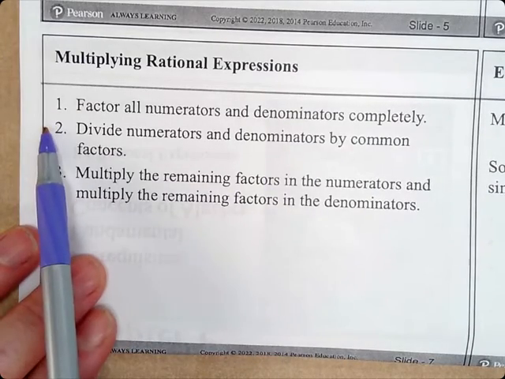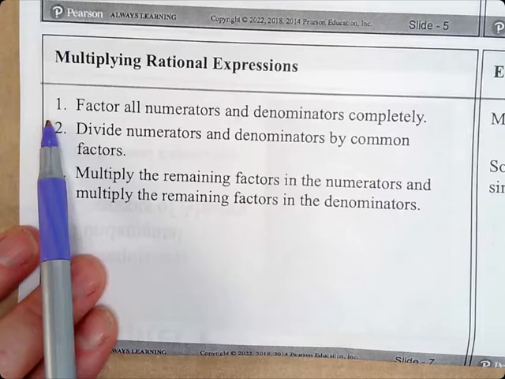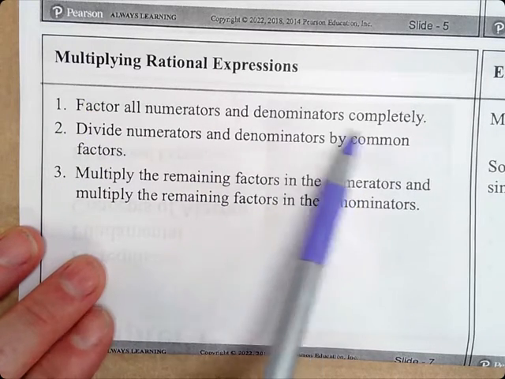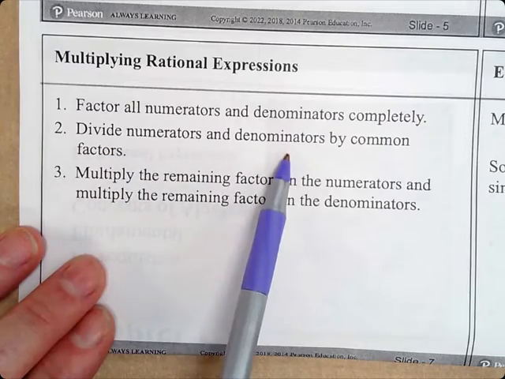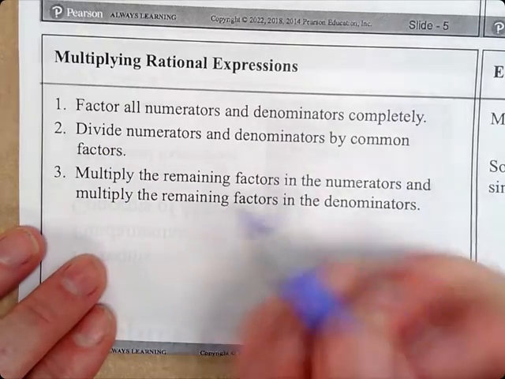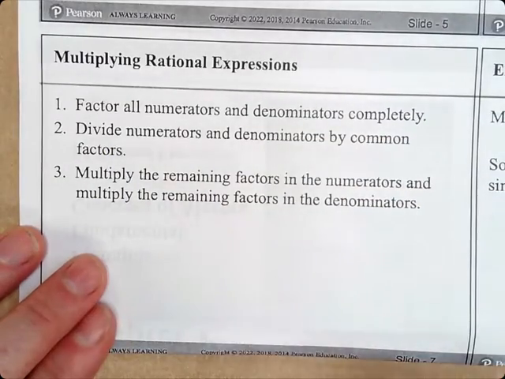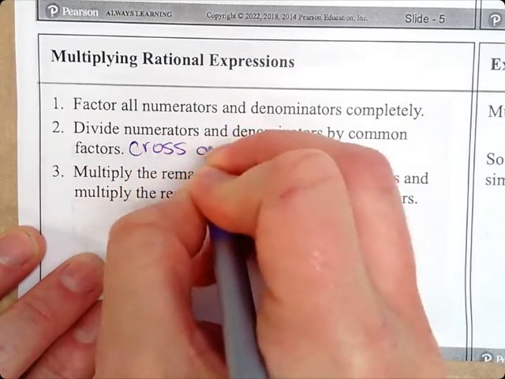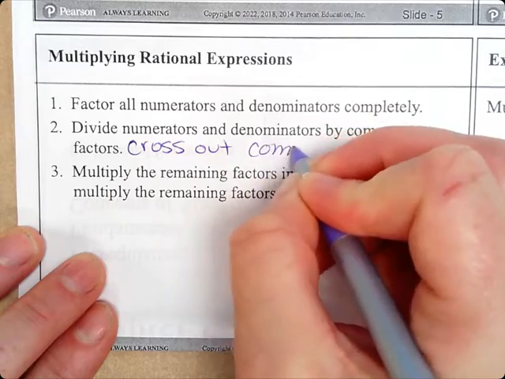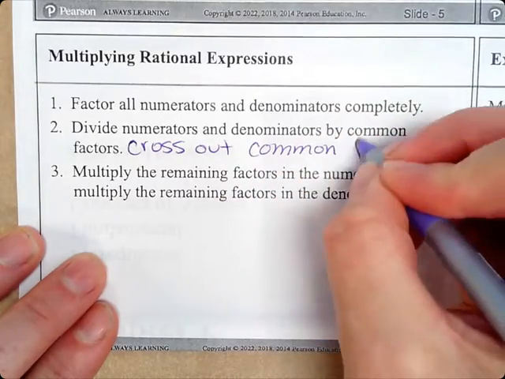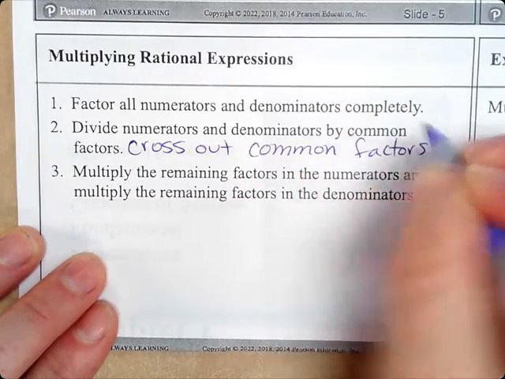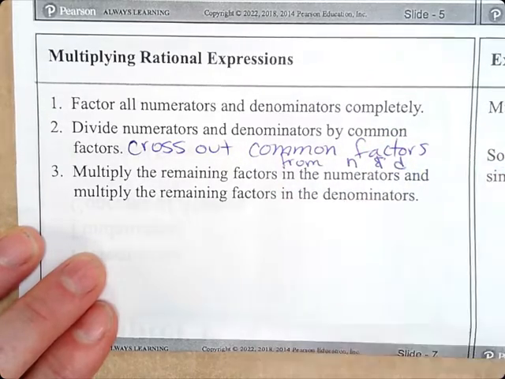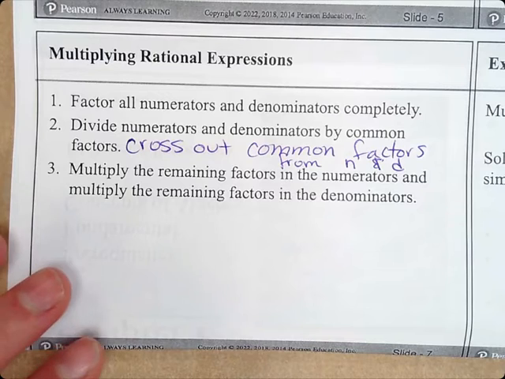If you need to remember, whenever you multiply rational numbers, you're going to factor the numerators and denominators completely. Divide the numerators and denominators by common factors. You're going to do the simplifying, cross out common factors from numerator and denominator.